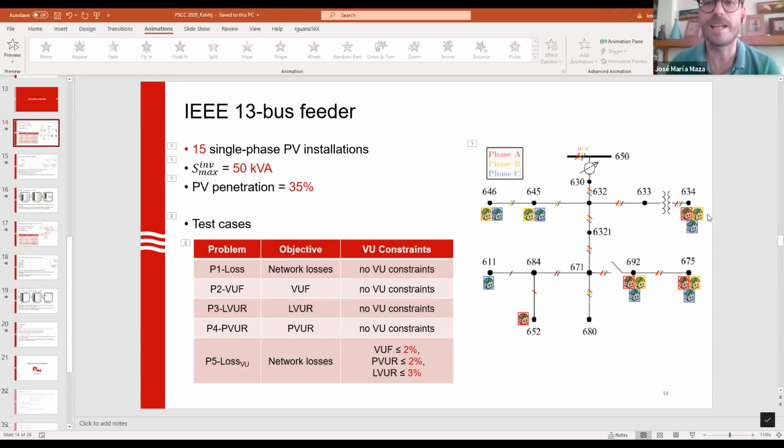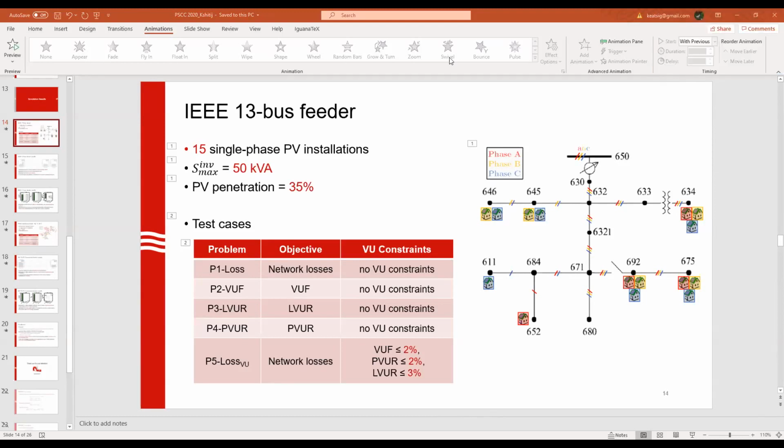Any additional question, please? There are three questions there. Okay, the first question is, which formulation provides the best trade-off in unbalance reduction versus computational complexity for larger networks?